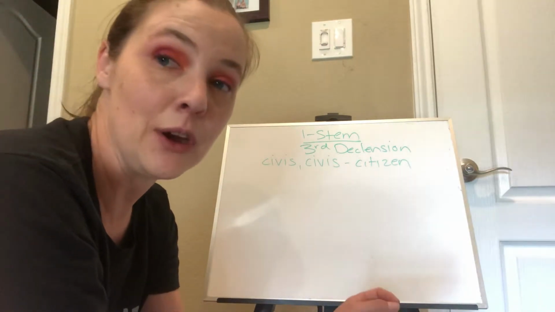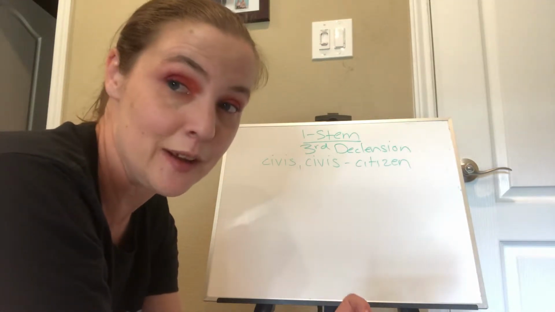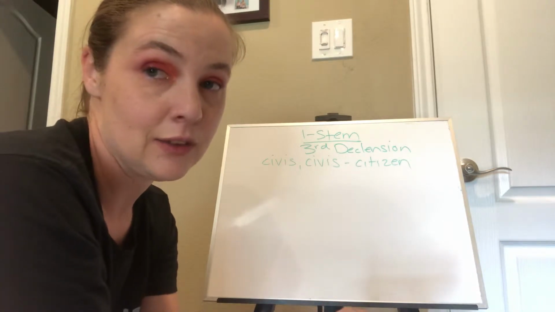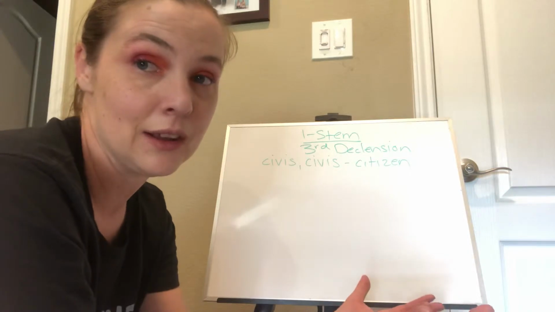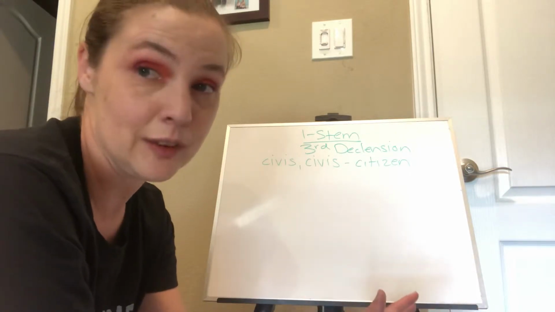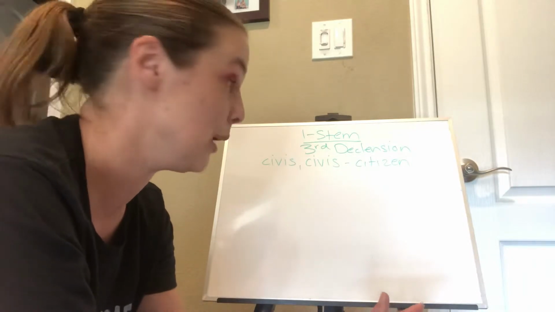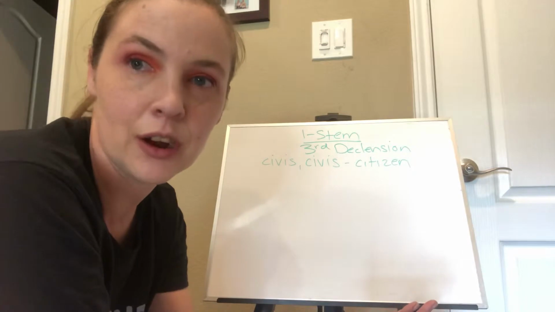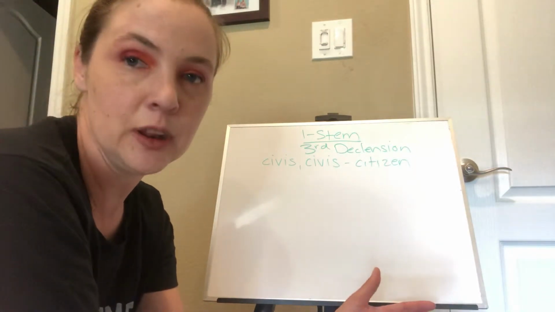Now the way you know if a third declension is an I stem or a regular third, so that you know if you need to apply the little changes or not, there's a really simple way to do it. You have to count your syllables. Go back to kindergarten, if you can think back that far. We count syllables in English.